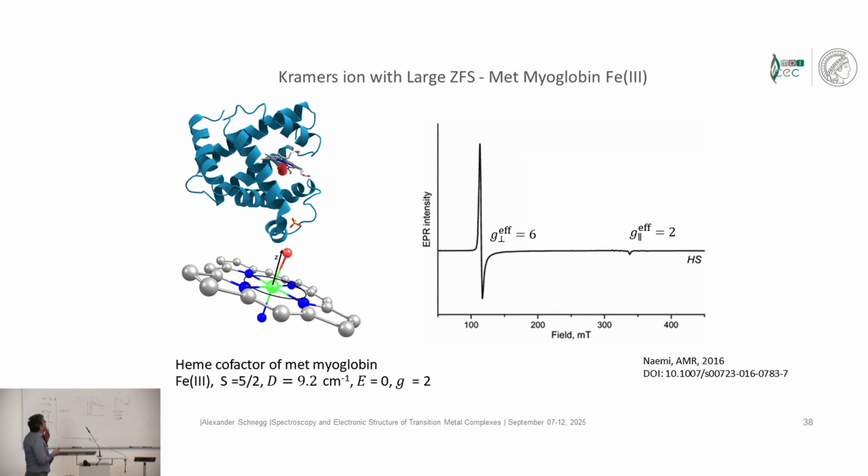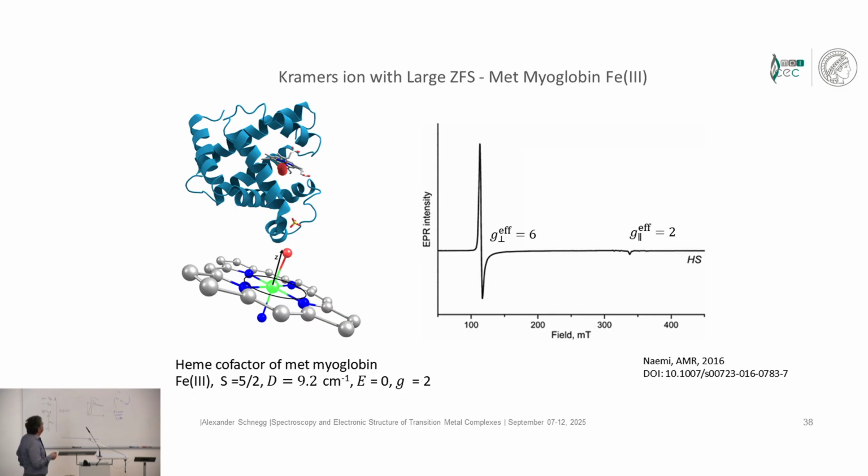I would now like to mention something which has already been mentioned in Dan's lecture today, but is very important in EPR, and these are the so-called effective g values.